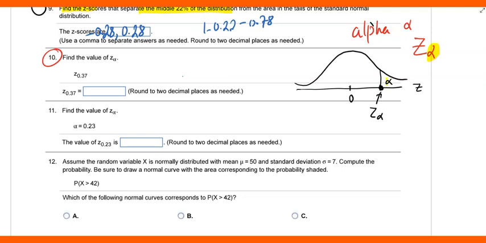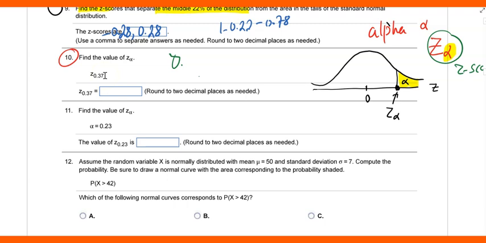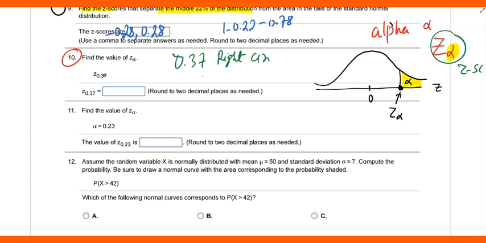Pretty much alpha is the area on the right of the point Z alpha, and Z alpha is basically the Z score or Z value where the area on the right of that point is alpha. So a number like 0.37 here represents the right area from that Z.